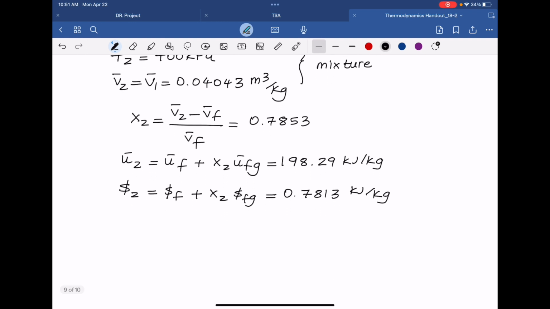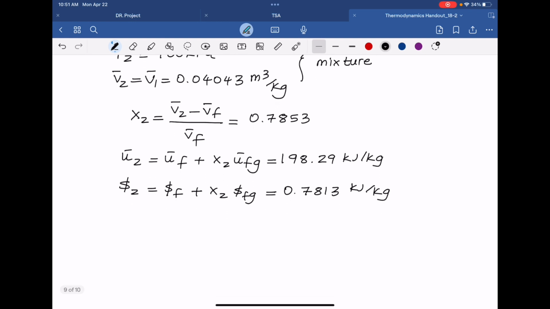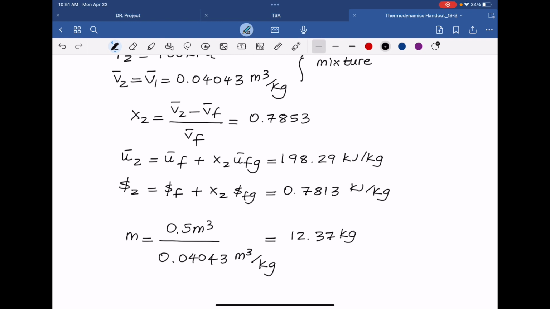Now S2 and S1, specific entropies at first and second state, are known. All we need to do is find the mass. Since they give you the volume, you can divide it by the specific volume, and this will help you calculate the mass, which is 12.37 kilogram.